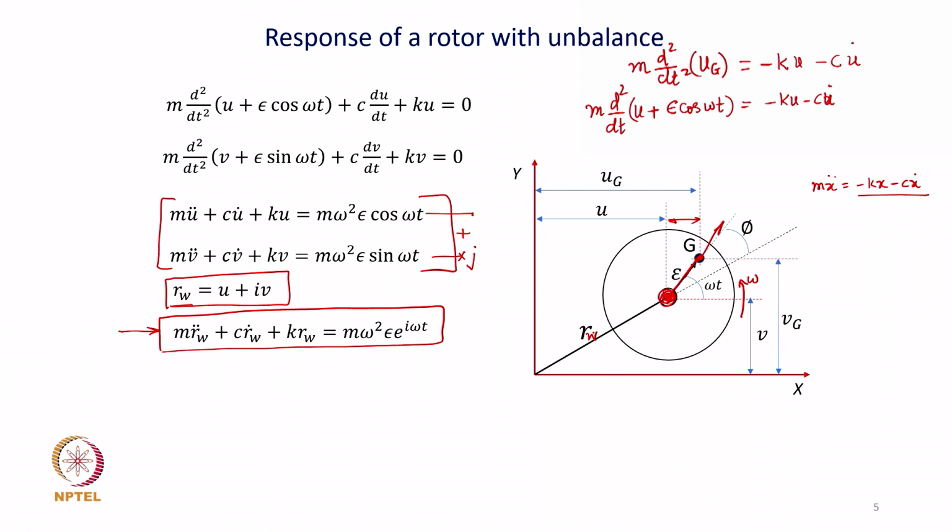R w is just indicating that it is a whirl radius. Now, this motion of the shaft center around the bearing axis is called whirl motion in rotor vibration terminology. It is a combined horizontal and vertical vibration of the rotor. When the shaft spins, that spinning motion is not vibration; that is a rigid body rotation about its own axis.